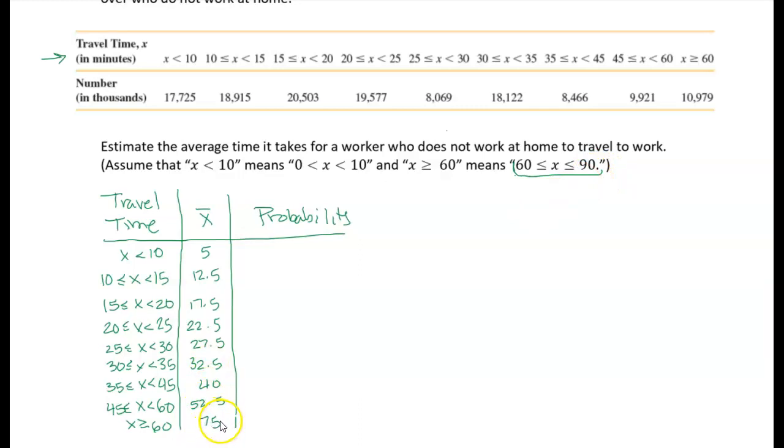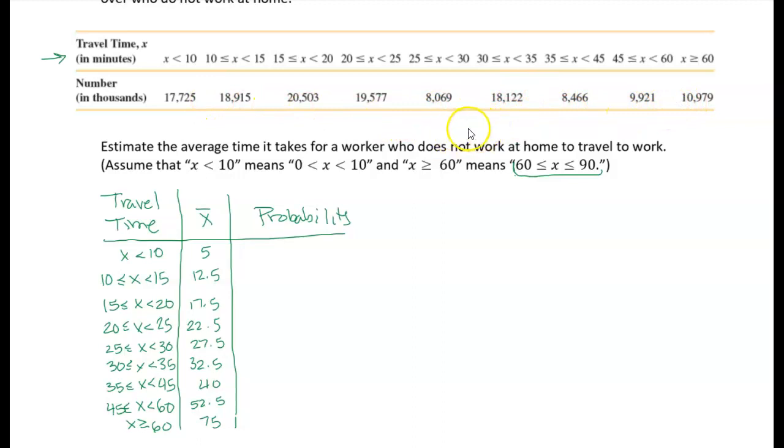Now I've converted all of these time intervals into a single number that I can deal with. Then we're going to look at the probability of each one. We're given the number of occurrences of each of these time intervals.